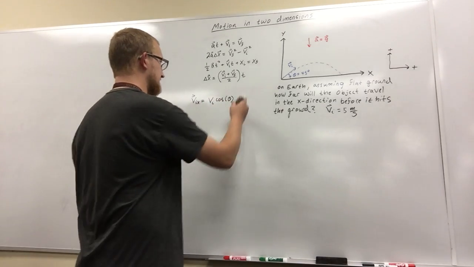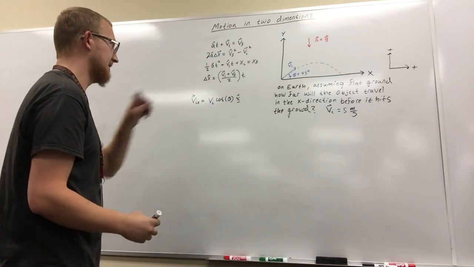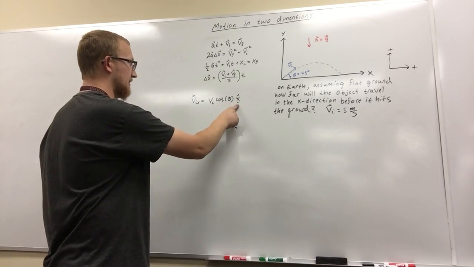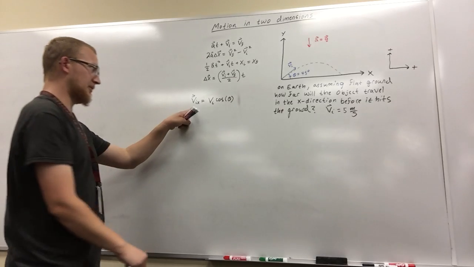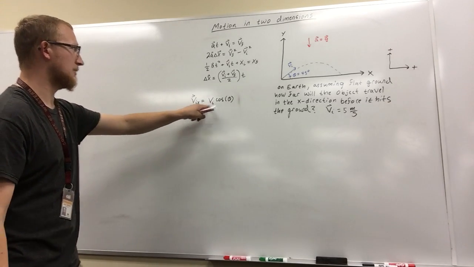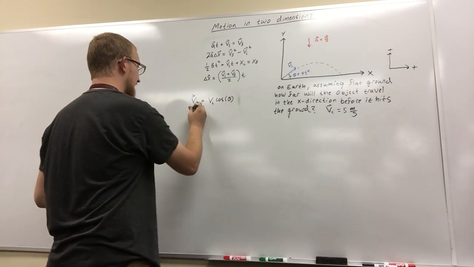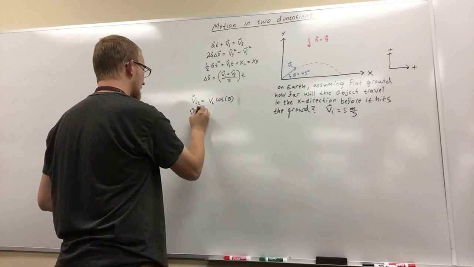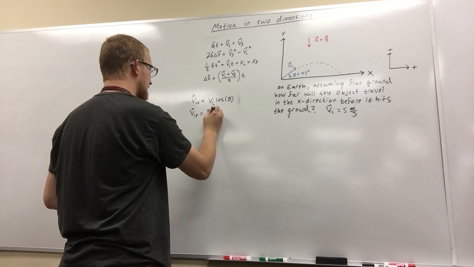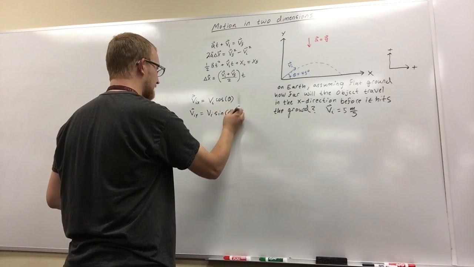I'm not notating the x hat because I'm notating it down here. This is my initial velocity in the x direction. It's equal to the magnitude of VI cosine of theta. And similarly, VIY is equal to the magnitude of VI times sine theta.